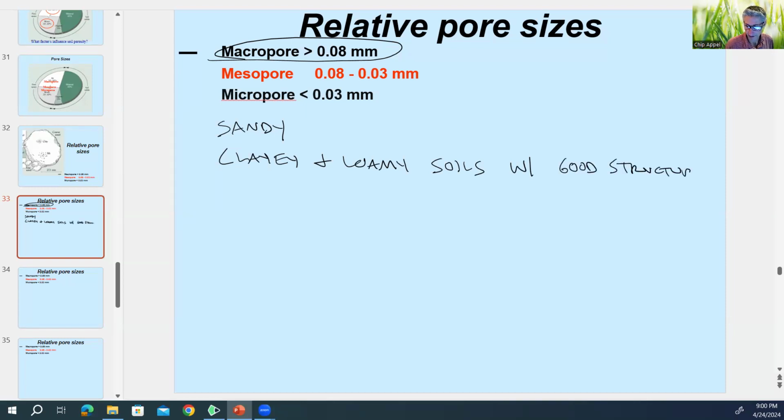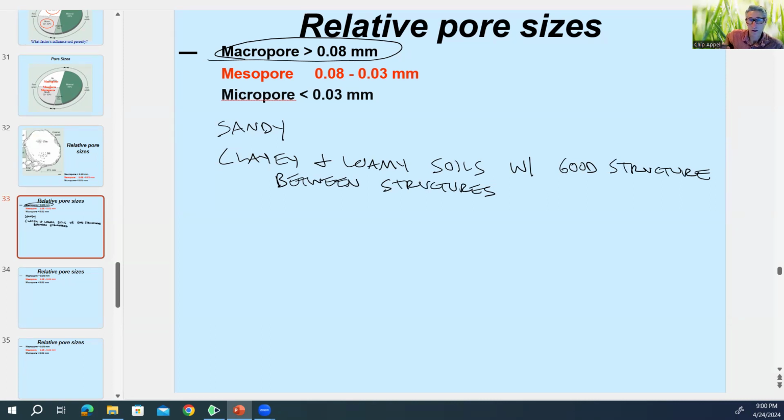What I mean by that is that the macropores are found between the aggregates or between the structures. Okay, so of course they're found in sandy soils, and they're also found in clay and loamy soils, or soils with more clay in them. But the macropores in these are between the structures.